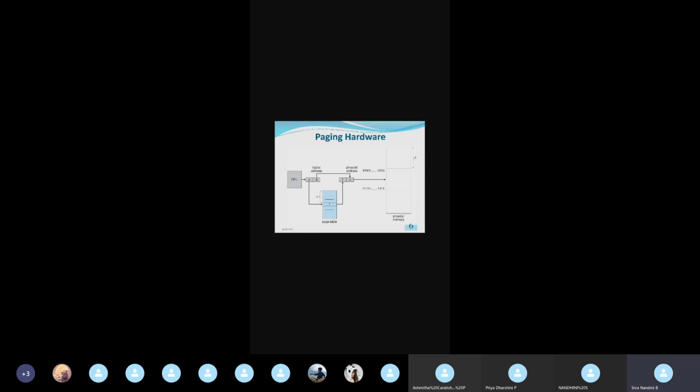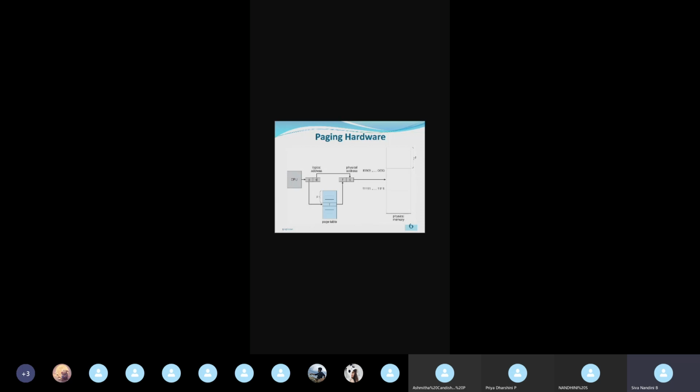In the physical address, we have the page number P and offset D. From that page number P, it is sent to the page table to find where this page is available, that is, in which frame this page is available. All this detail will be available in the page table. So this page P will be checked for the frame.